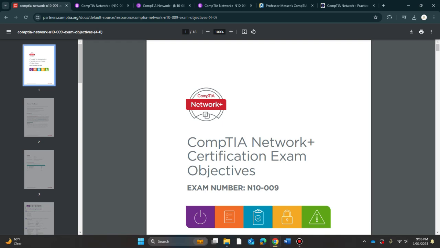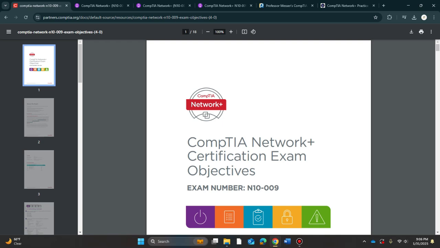My best advice for anyone taking this exam is to know your port numbers, basic networking commands, the OSI model, and definitely get familiar with the command line because you will get a lot of performance-based questions.